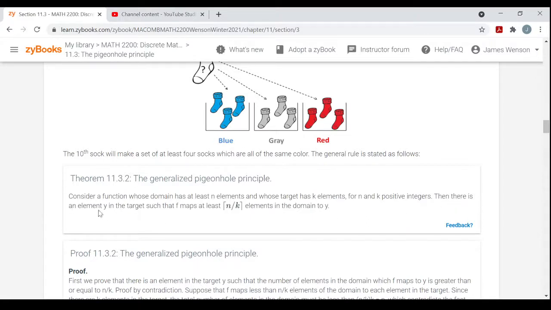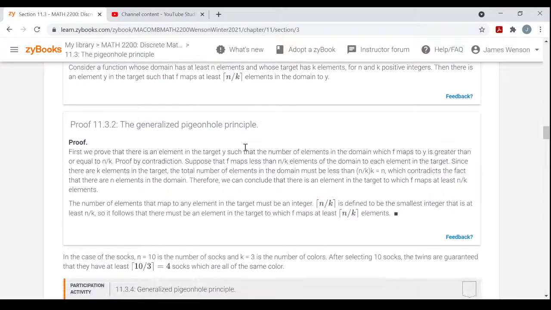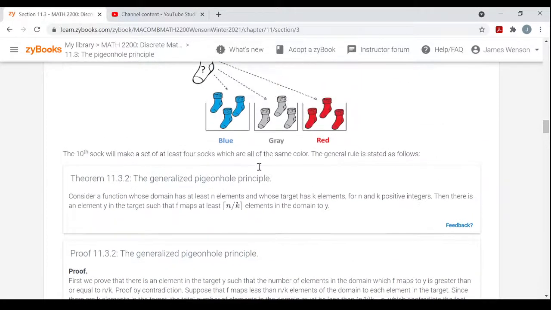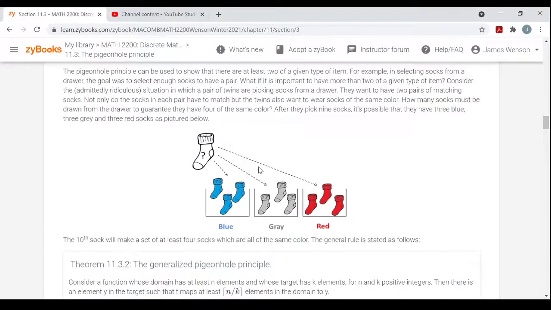Then there is an element y in the target such that f maps at least the ceiling, remember the ceiling function, of n divided by k elements in the domain to y. Right? And again, they run through a proof here. I'm not gonna run through the proof. So back up in this example.